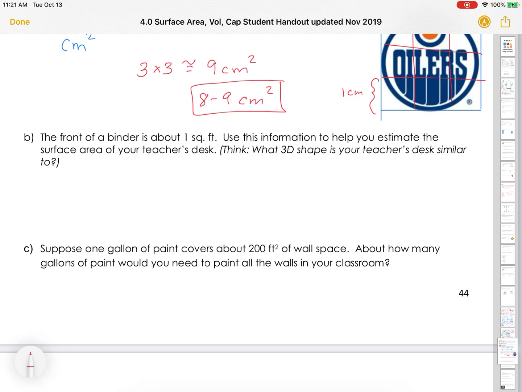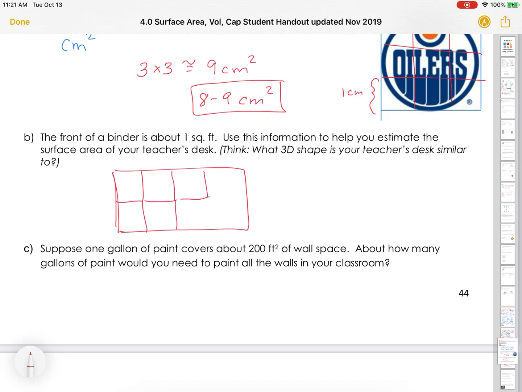And again, we're estimating. The front of a binder is about 1 square foot. Use this information to help you estimate the surface area of your teacher's desk. So what you're going to do is think about how many binders we could fit on your teacher's desk. I have a fairly wide desk.